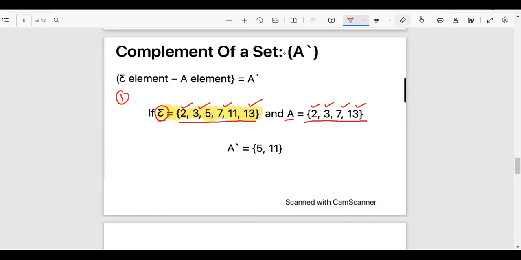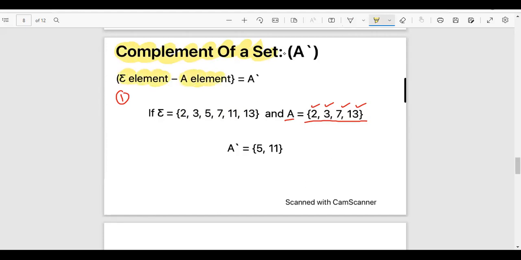Okay, the universal set could be of any type. For example, here in the universal set, we have 2, 3, 5, 7, 11, 13. I will talk about the second example and then you will see the universal set could be of any type. Okay, this is just one scenario. For now, we are focusing on what exactly is complement of a set. Please focus now. Universal set would be the bigger set.